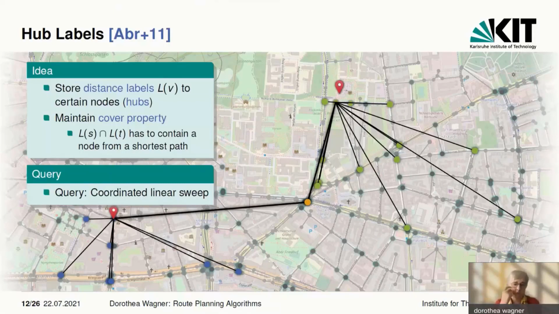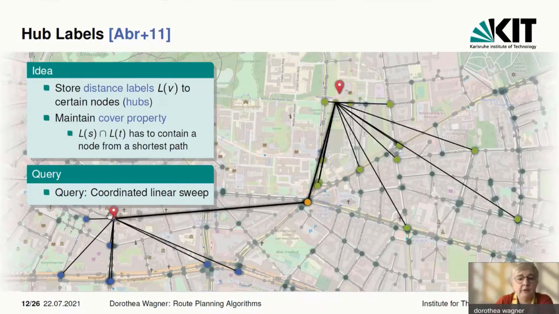The way the shortest path is computed based on hub labels is different than applying Dijkstra's algorithm using some additional information. The idea behind hub labels is the following. We select a certain set of hubs and store for each vertex the distances to these hubs.